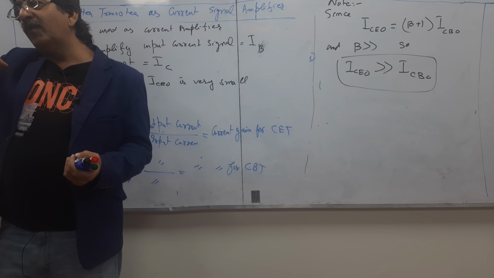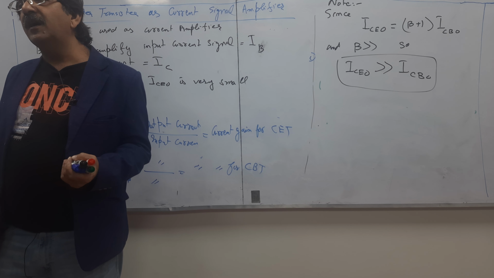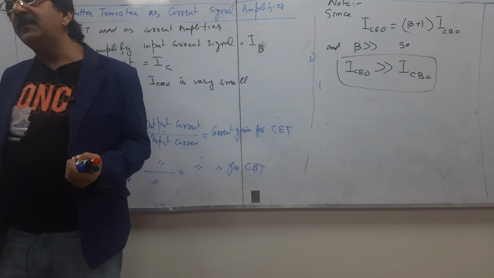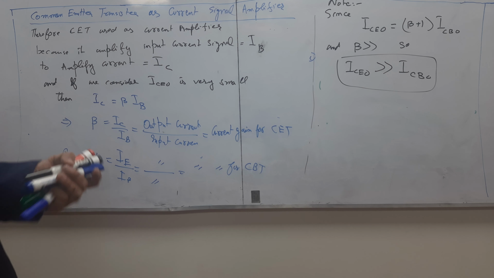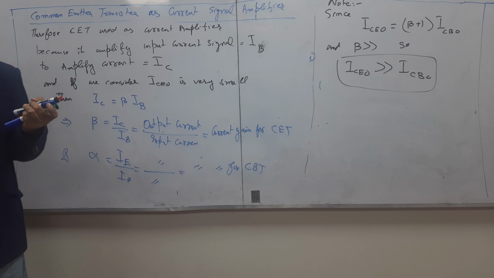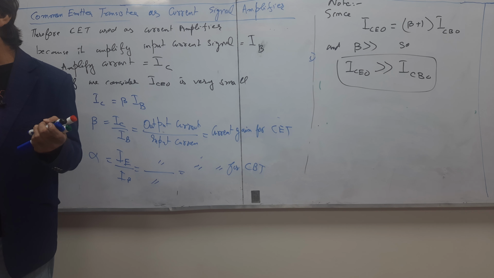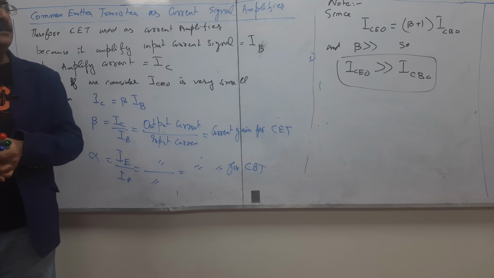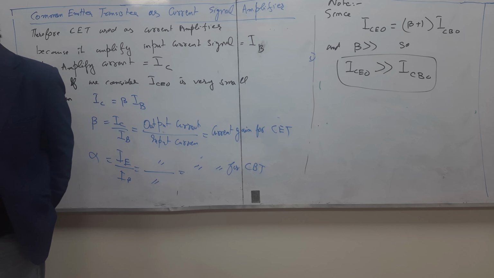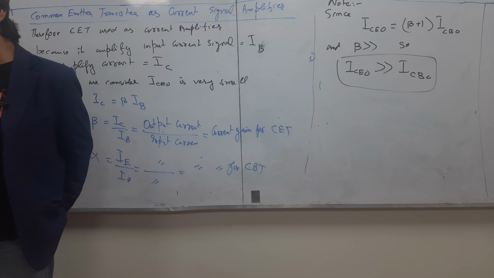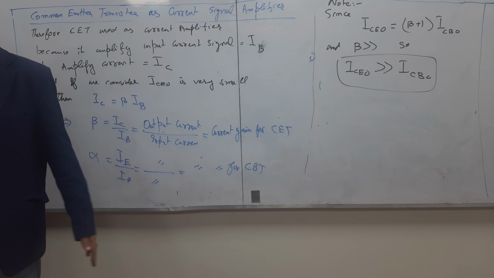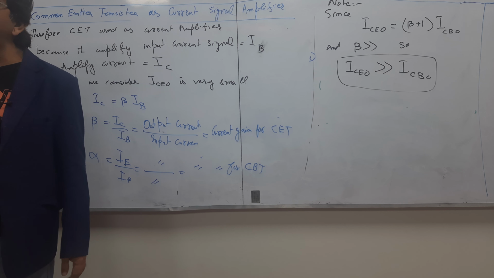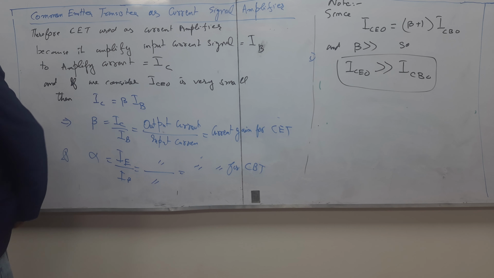If the input voltage signal is low, by using the common base transistor we can amplify the voltage. So that is the difference between common base and common emitter transistors. Got it? If you have any question, a different name may be used, but usually the common emitter is used for current amplification, and the common base transistor is used for voltage amplification. Yes, that's the difference.